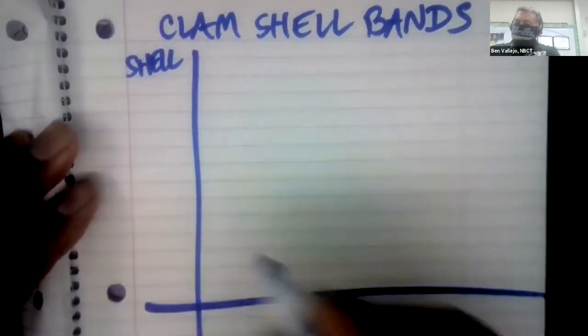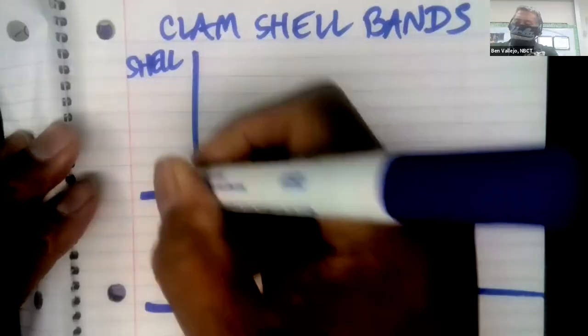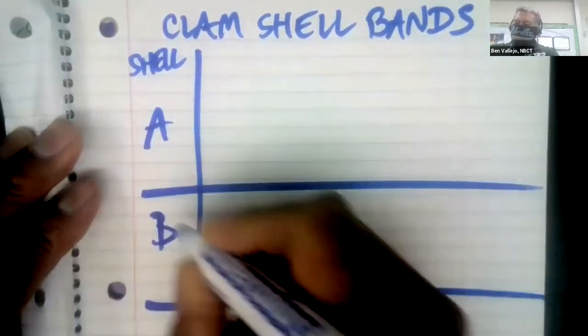Okay, we're going to have 4 of them all together. I'll just write shell, and since I have 4, we'll call it A, B, C, D. So like that, there's A, there's B, C, and D.